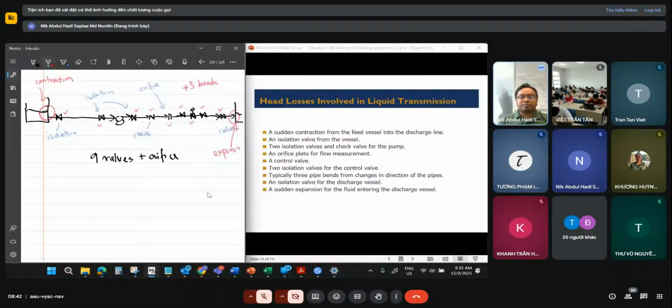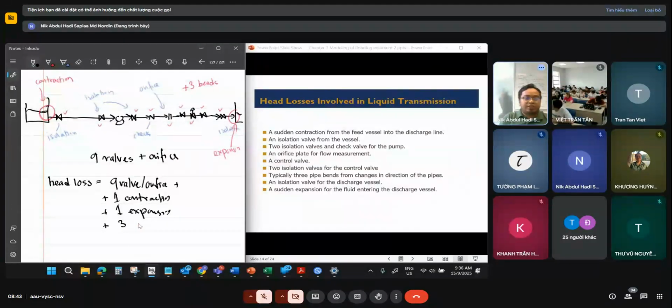So which means our head loss comes from 9 valves and orifice, plus 1 contraction, plus 1 expansion, and plus 3 bends.